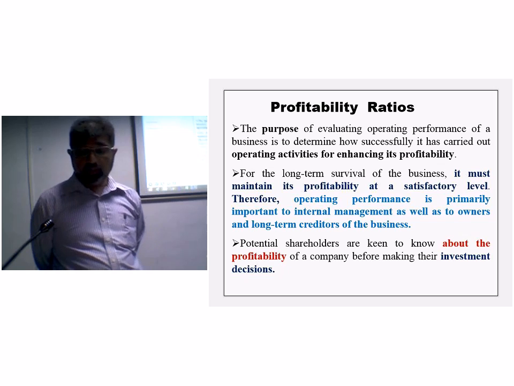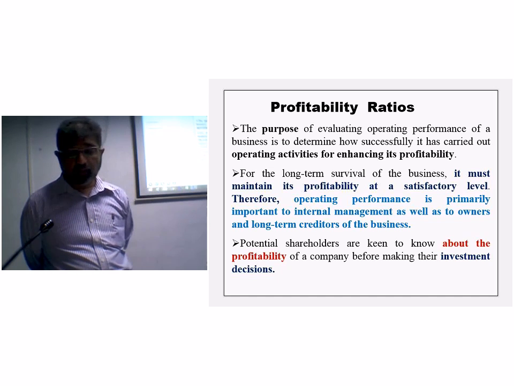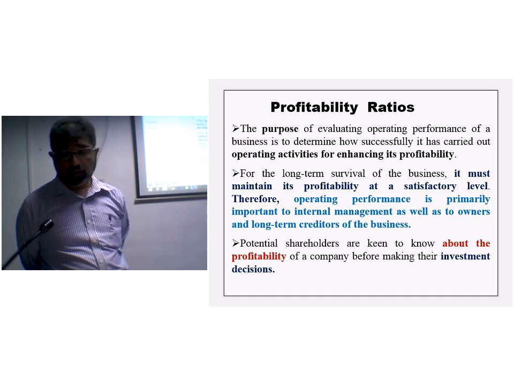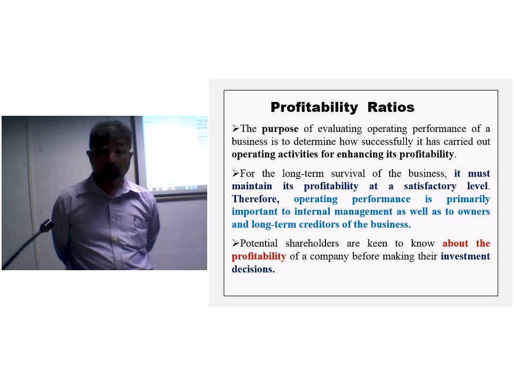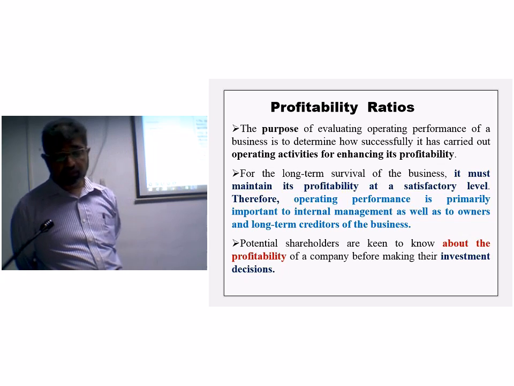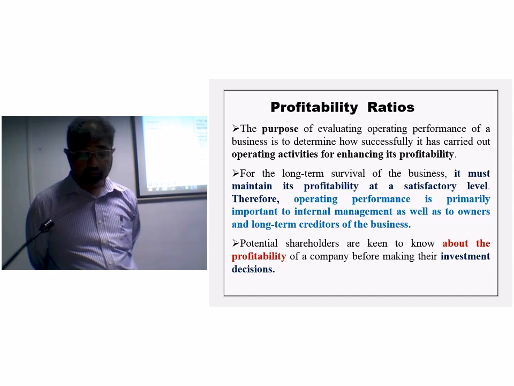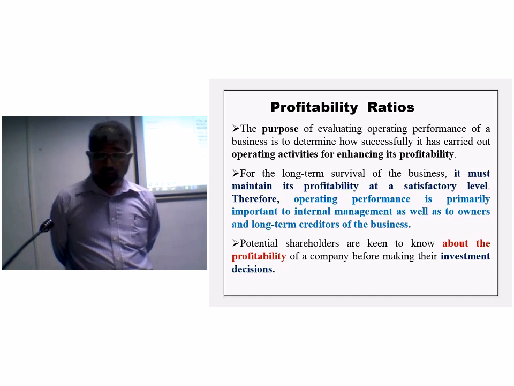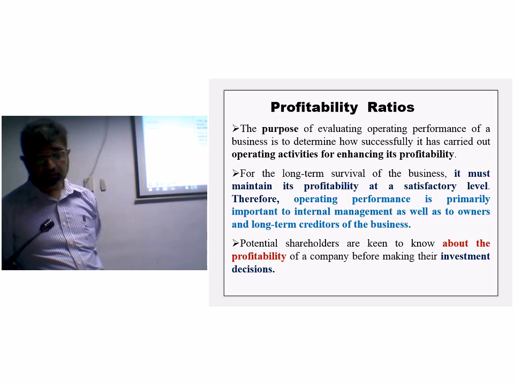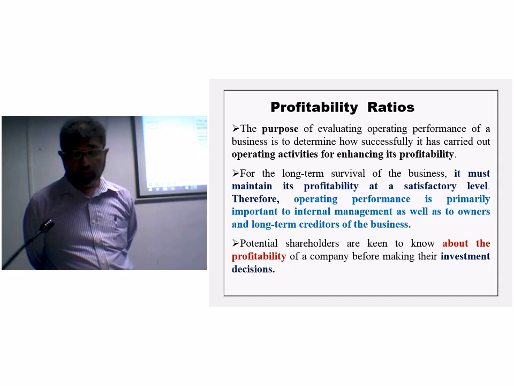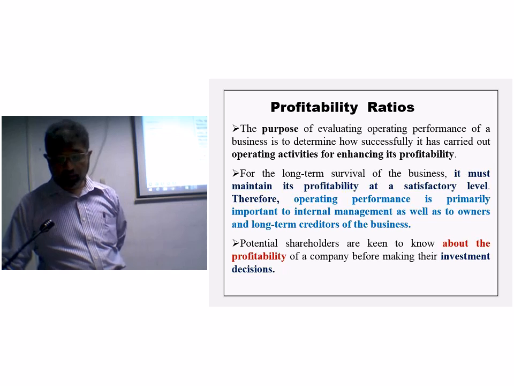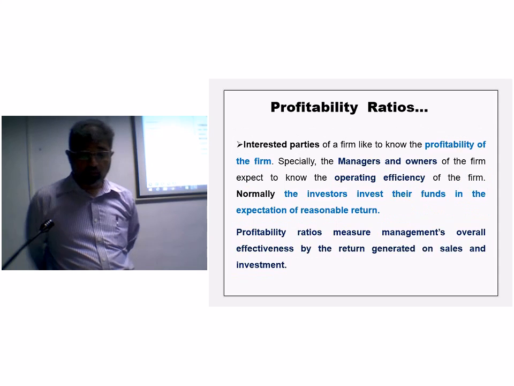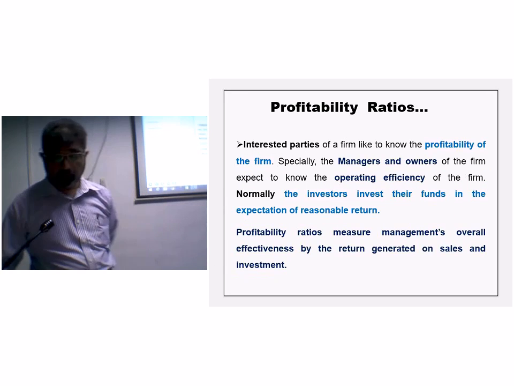Therefore, operating performance is primarily important to internal management as well as the owners of that organization, and also for the creditors, suppliers, and other interested parties. Potential shareholders are keen on this profitability, right? They also consider this matter when they are investing in that particular organization.